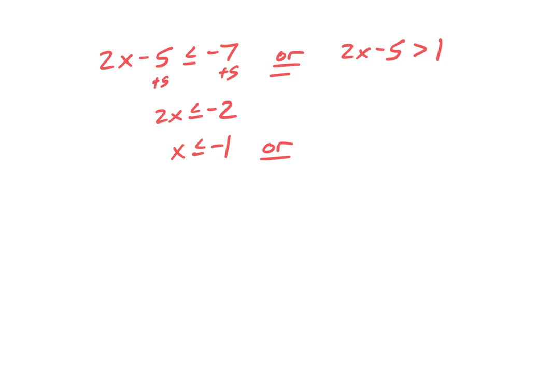We have the same expression, 2x minus 5, so we're going to add 5 to both sides. It doesn't always have to be the same expression. And then we divide by 2, and we get x is greater than 3. Okay. So the solving of it shouldn't be all that difficult. Sometimes it'll be harder than that, but here's our 2 separate inequalities, but we have the word or in between.